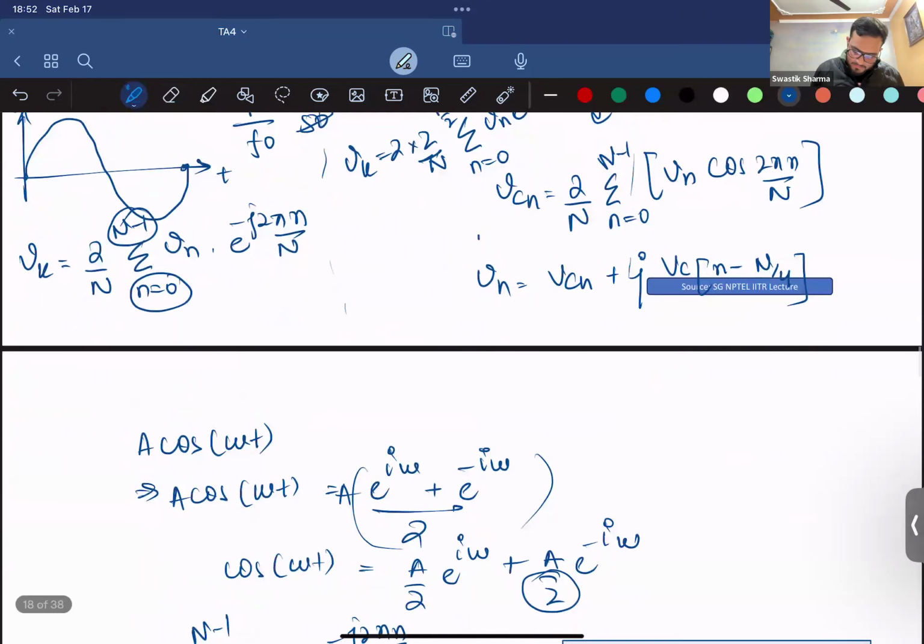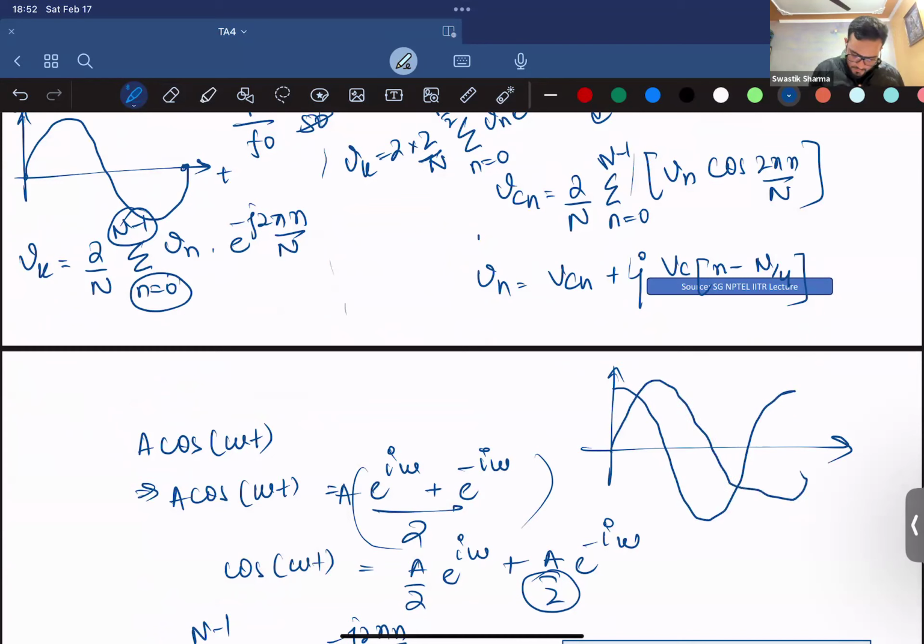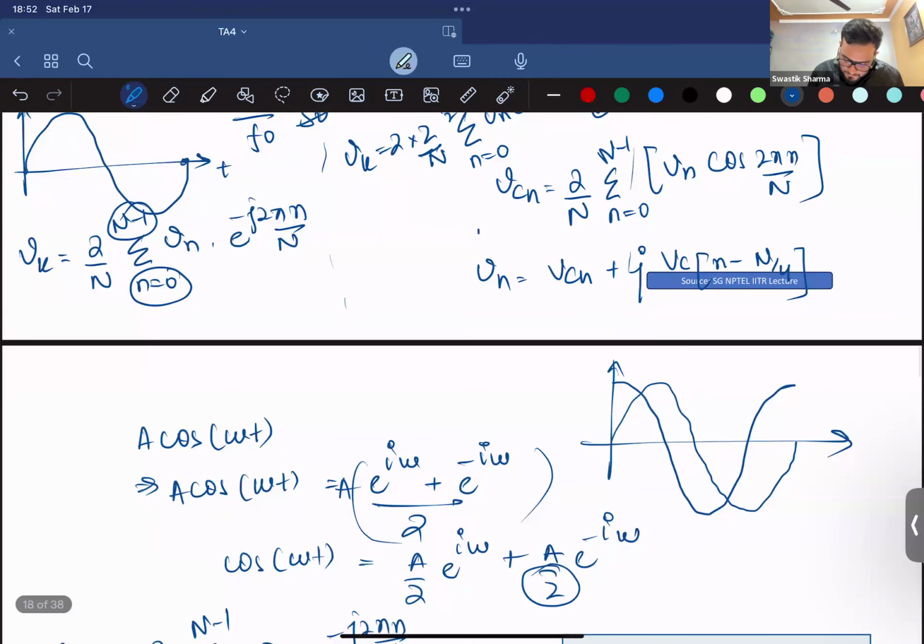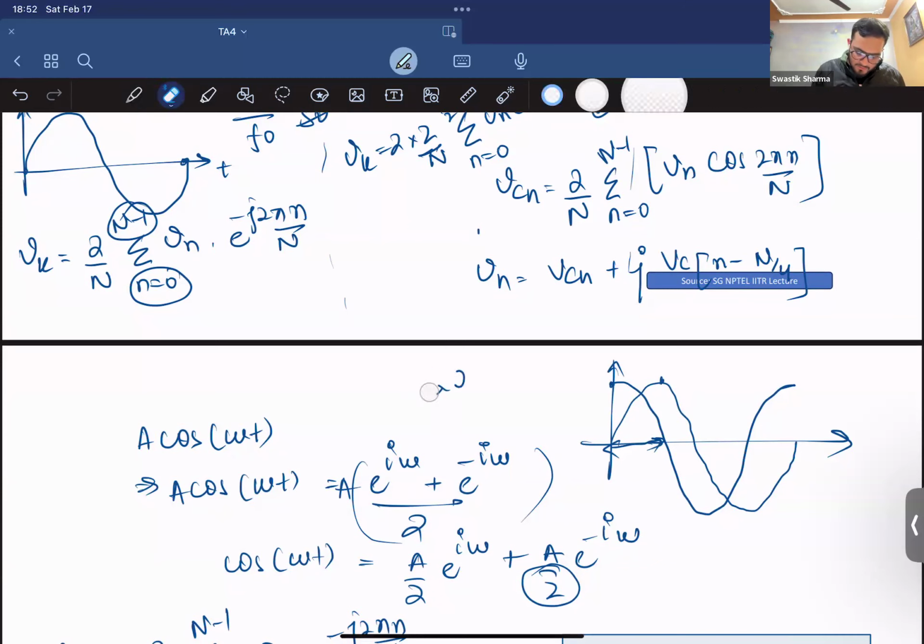So if you have a signal, let's say something like this. So you have a cos signal like this. Sorry, the diagram is pretty poor. Right. So for one full cycle, that is for N, you are doing 360 degrees, right?